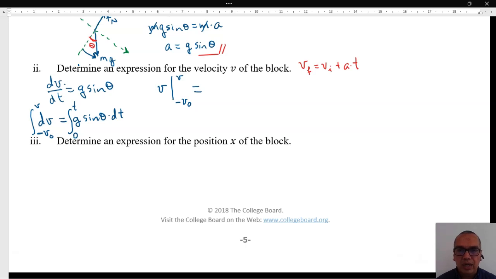And on the right-hand side, the integral of a constant is the constant times the variable, which in this case is t, and you evaluate that from 0 to t.